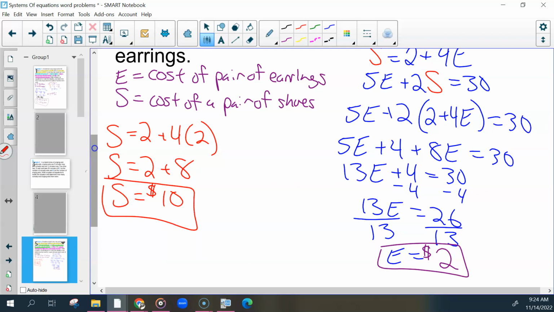So then, by substitution, we have solved this word problem to find both E and S. A lot of the word problems you'll see are easier solved by elimination. This one, substitution probably would have been better because it's already solved, but it wouldn't have mattered.